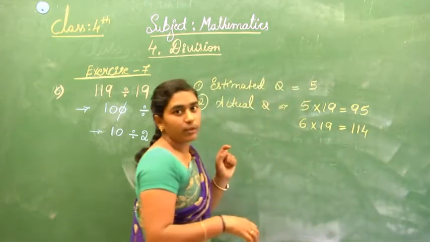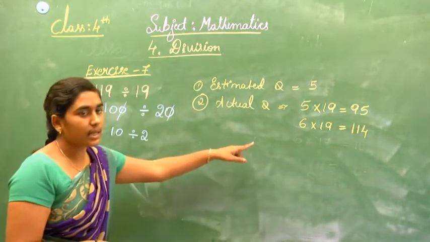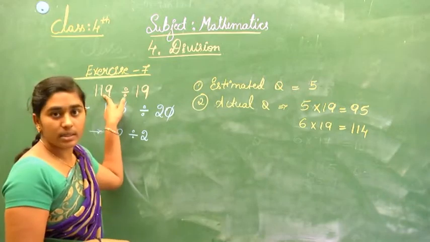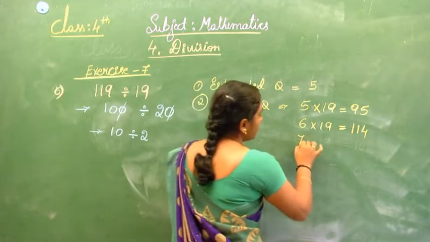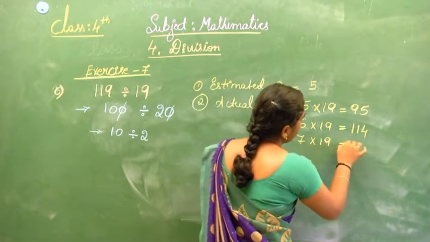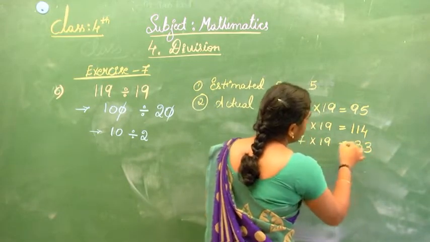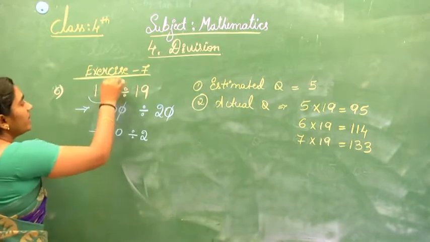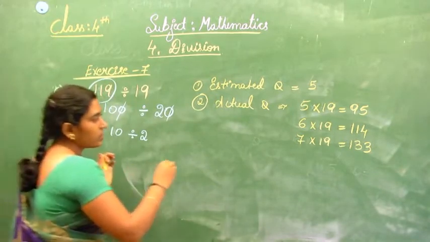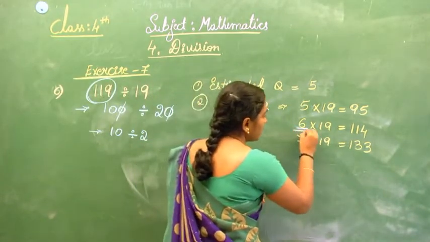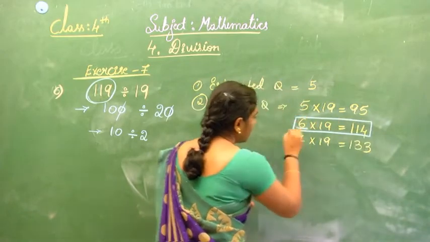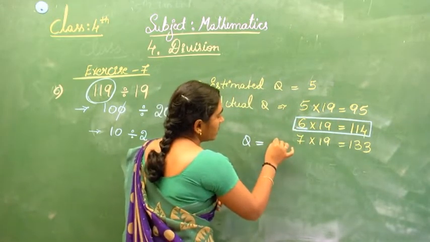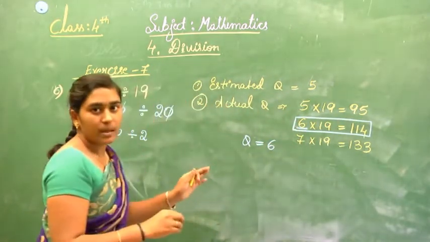It is 114, right? 19 sixes is 114. Yes, it is nearer, right? But 7 if you take, it becomes more. 7 is more. We want 119. So 6 is nearer. That's why we are considering quotient as 6.